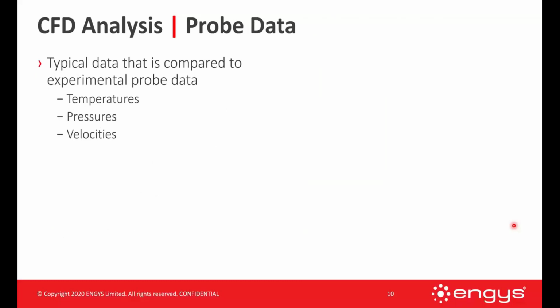Okay, so we talked about primitive and derived data. Now actually interrogating our simulation, probe data, this is typical data that is compared to experimental results. So temperatures, pressures, velocities, these can be at steady state, these can be transient fluctuations.